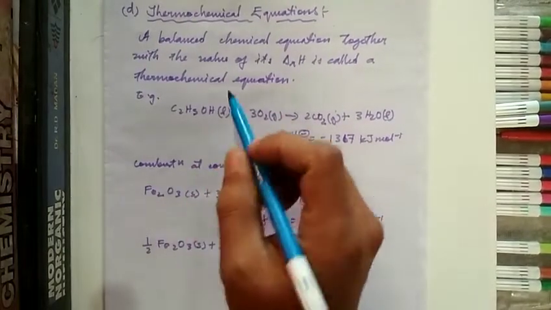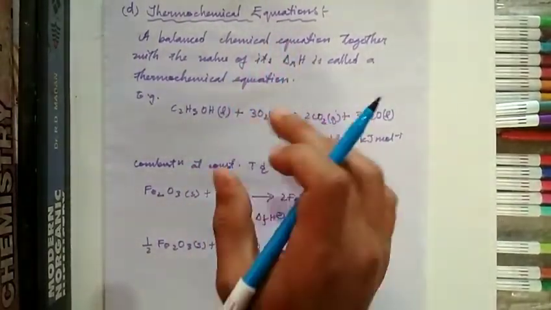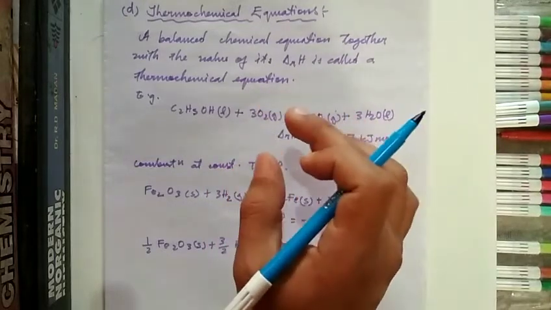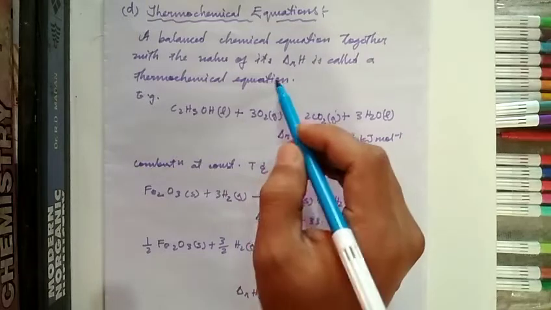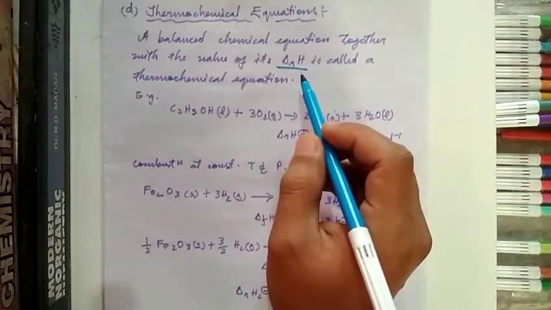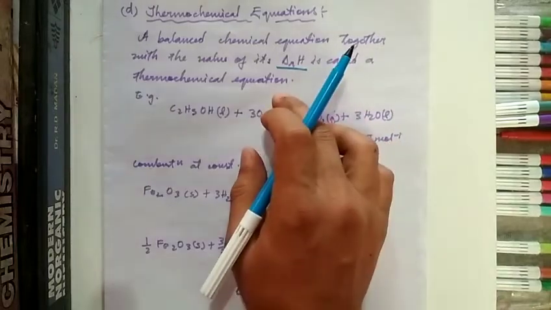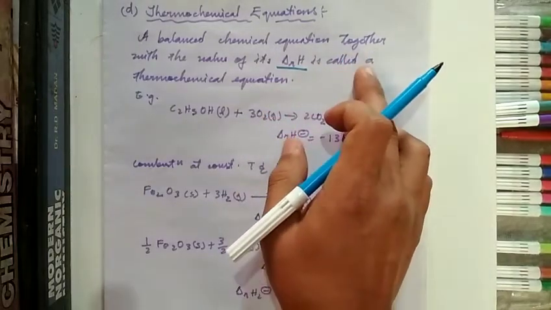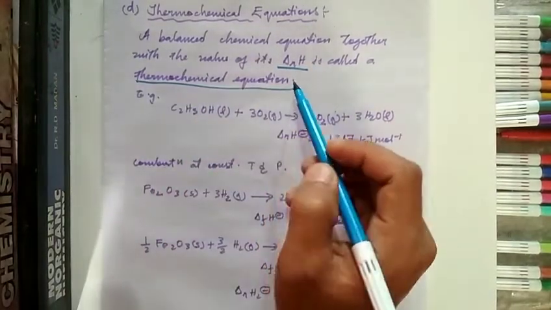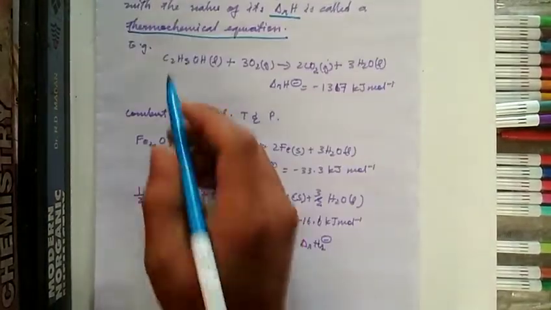Next is thermochemical equations. A thermochemical equation simply means a balanced chemical equation together with the value of its delta rH, the enthalpy of reaction. Now an example is given.